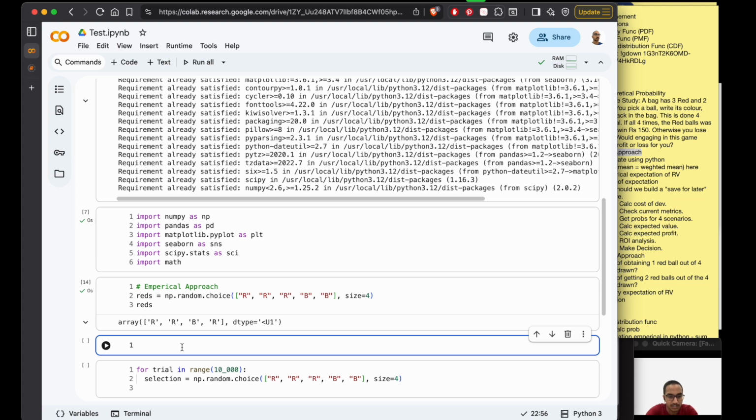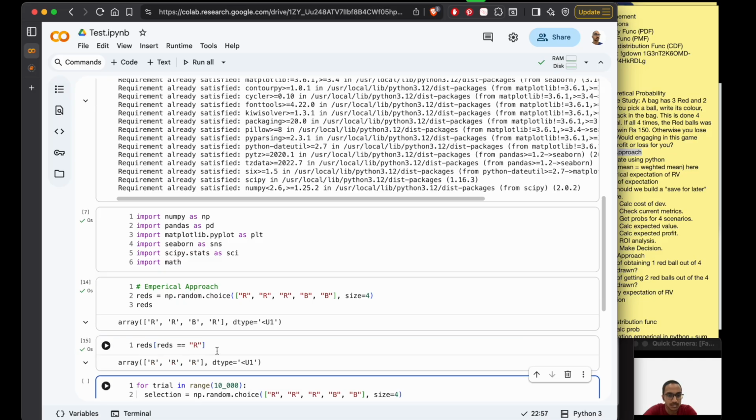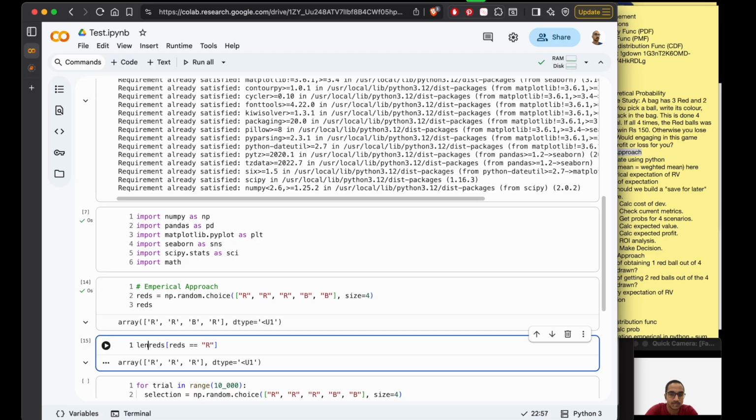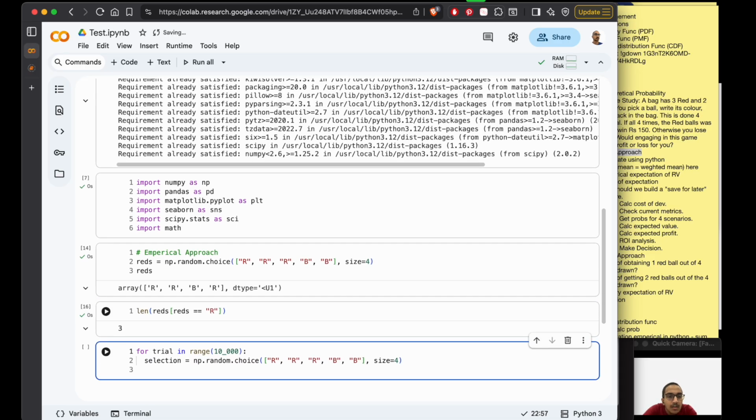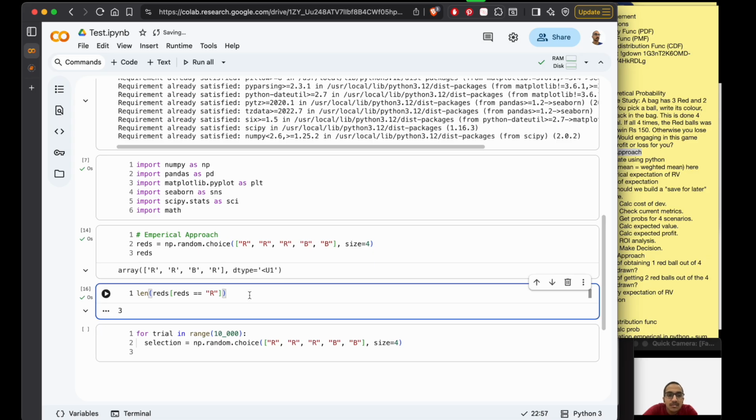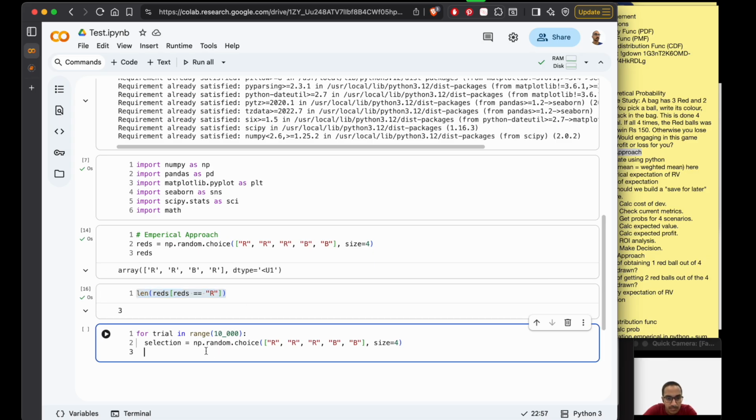We'll use a boolean mask, selection equal to r, I want all the r's. Let's see, I got all my r's, and all I will do is take the length of it. I got 3 r's. Let's call this also reds.